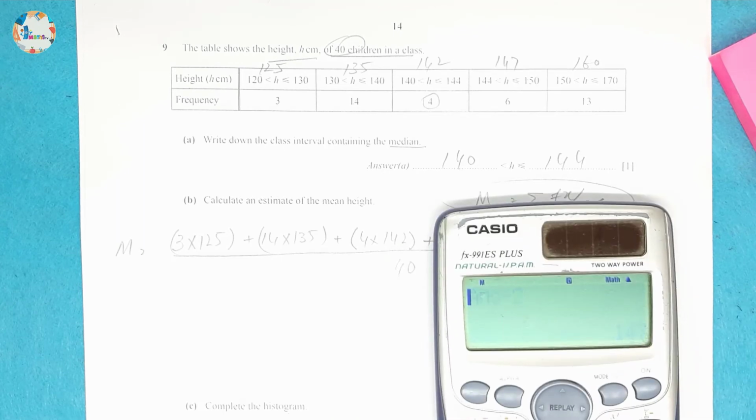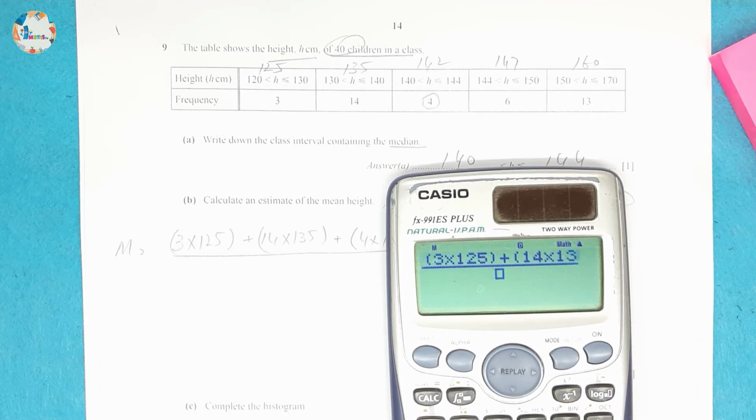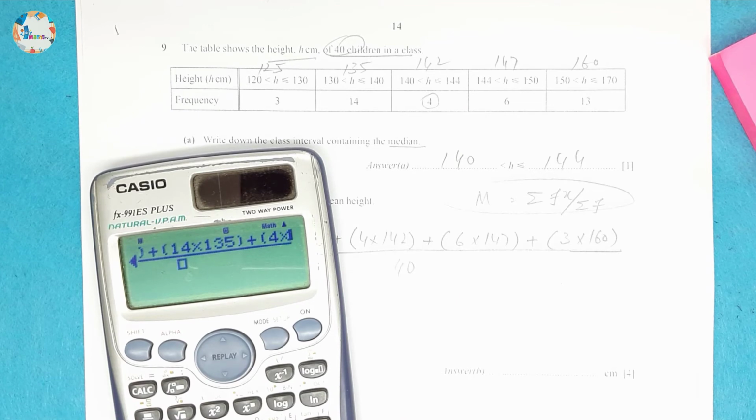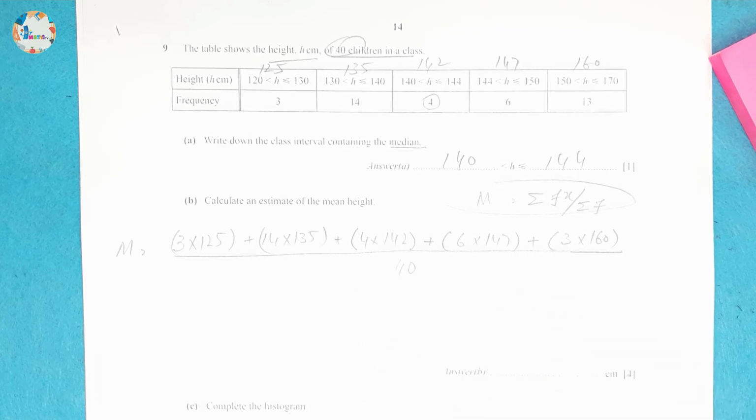And now we have to carefully solve this one. This will be 3 into 125 plus 14 into 135 plus 4 multiplied by 142 plus 6 into 147 and the next value is 3 multiplied by 160, divided by 40, and this is equal to 104.875.